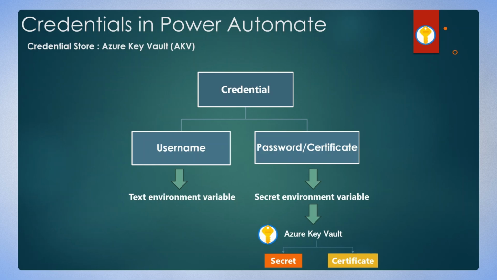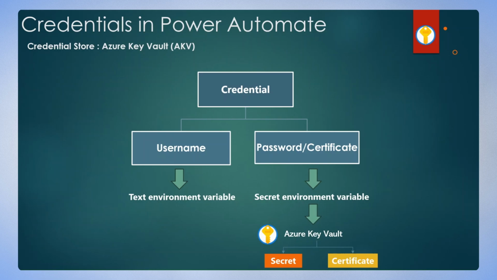As a quick refresher, let's talk about credentials for the credential stores, Azure Key Vault and CyberArk. Let's start with Azure Key Vault as the credential store. A credential is composed of two things for AKV. One is the username, which is a text environment variable, and the other is the password or certificate.